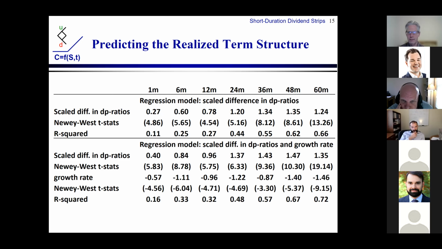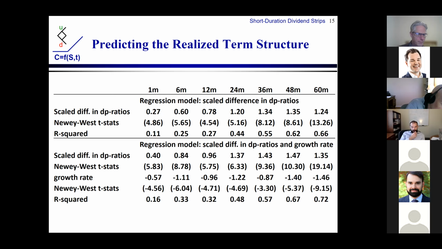So dividend price ratios and the difference thereof has an R square of almost 2/3 at the 5-year horizon to predict the term structure.